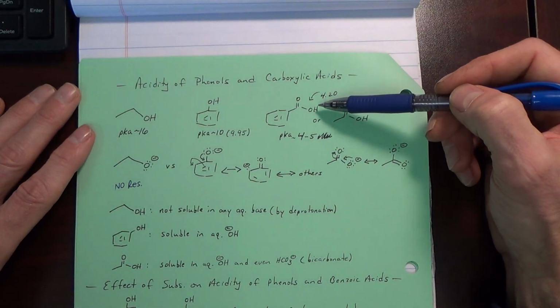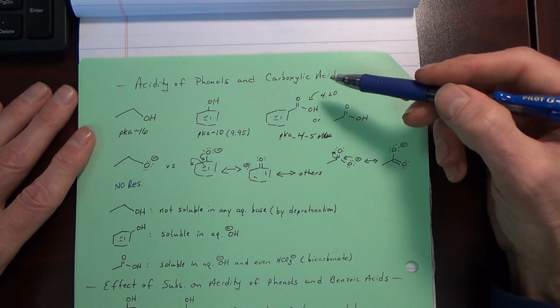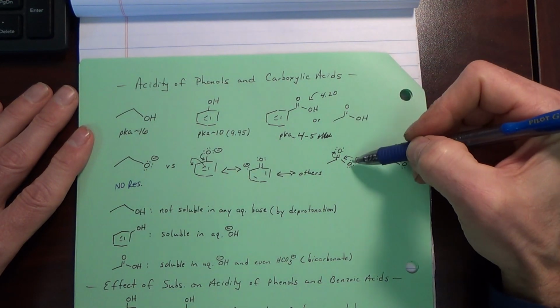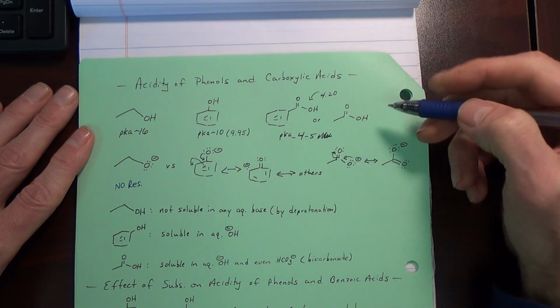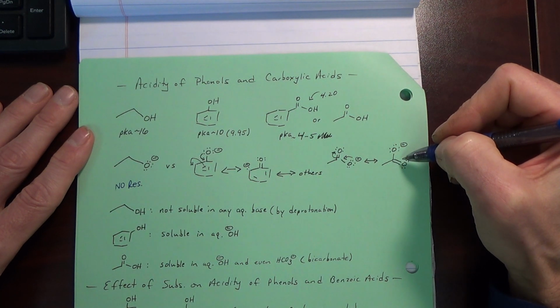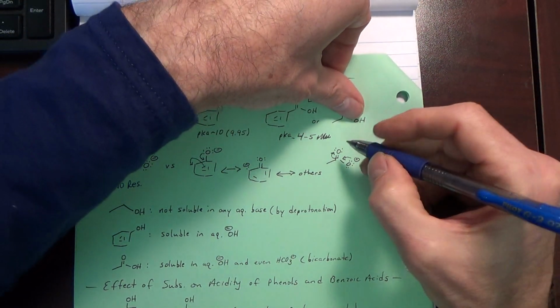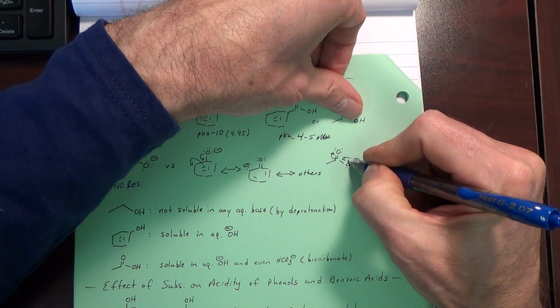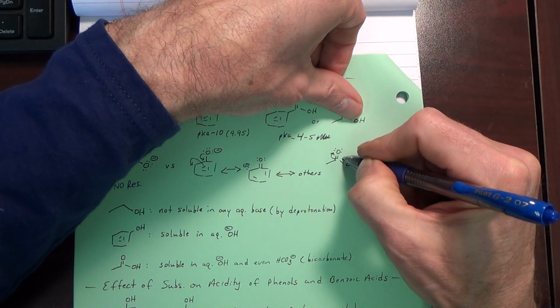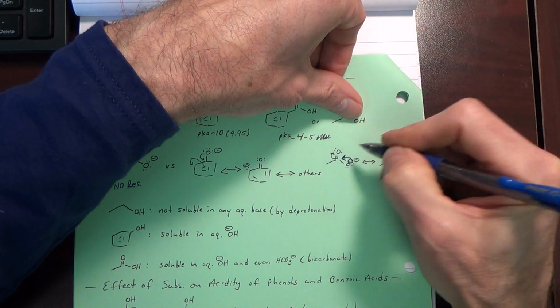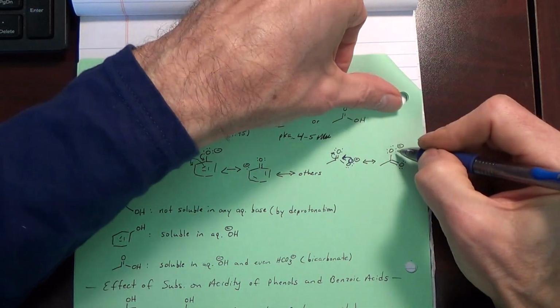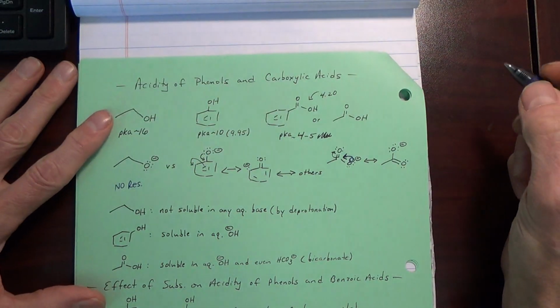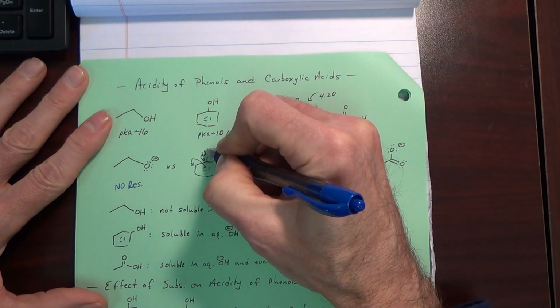Now the carboxylic acid, if we look at the conjugate base, we see this anion. We can only draw one resonance structure. All right. Let's circle these electrons. These electrons move in here, and these move up to give this structure here. Same thing over there.